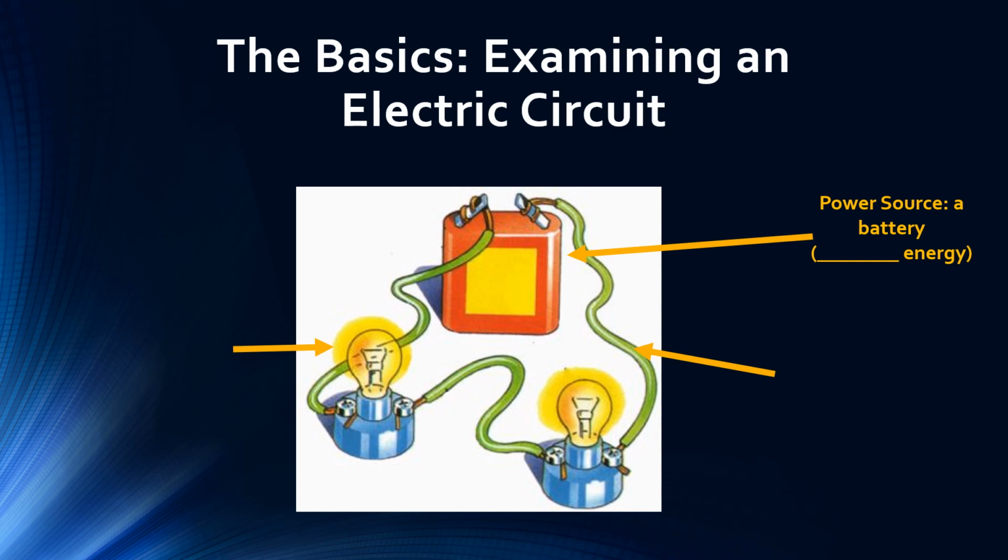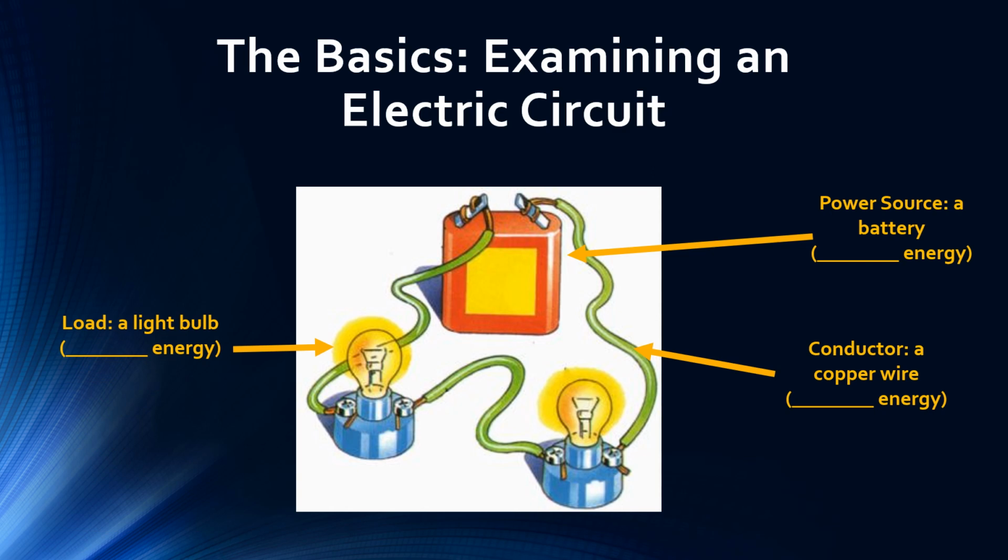Chemical. The chemical energy inside that battery is going to be transformed into electrical energy as it travels through this copper wire. This copper wire is known as a conductor. A conductor carries energy from one place to another. So this copper wire or conductor is carrying the energy from this battery to this load.